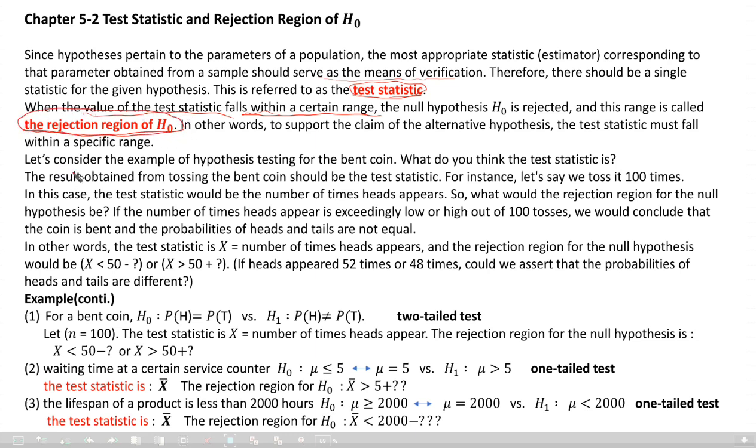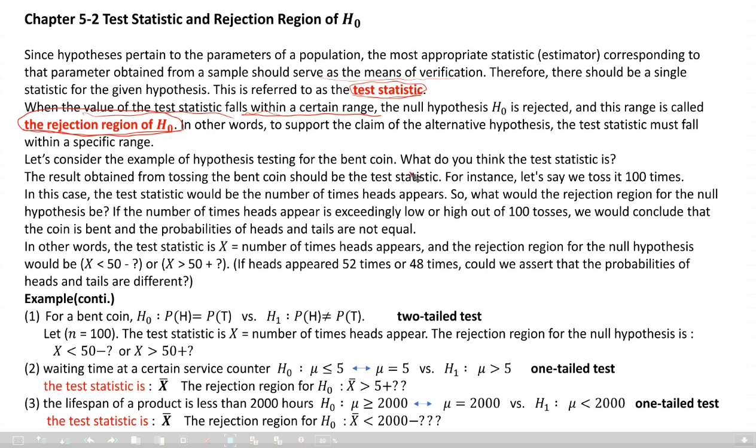Okay, let's consider an example of hypothesis testing for the bent coin, the twisted coin. What do you think the test statistic is? How can you start to test?